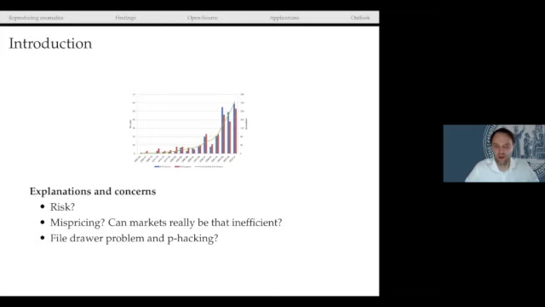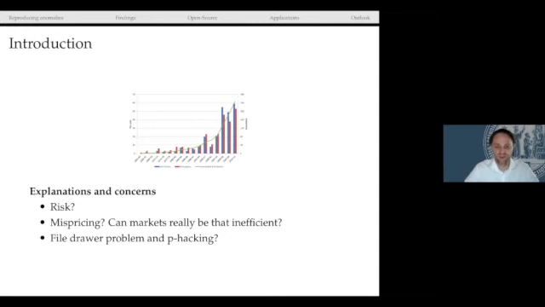How can there be so many variables that explain stock returns? It's a bit unusual if you believe in the efficient market hypothesis. One explanation is that this could just be compensation for risk. It's possible that you make high expected returns, but also have high variance. For some of these variables, that's certainly true. Momentum has fat tails.